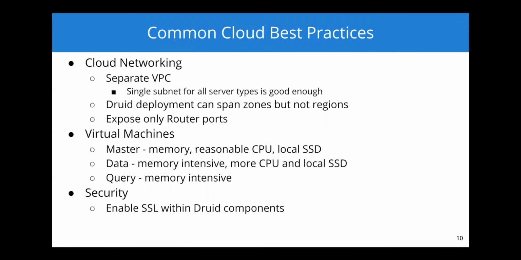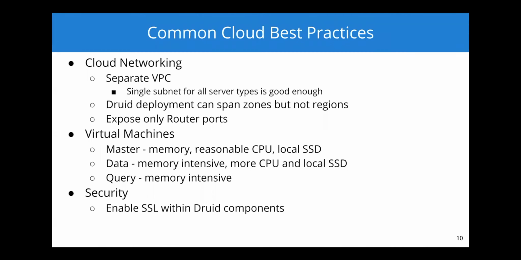And it definitely helps with having a local SSD for your data servers, so it could read the segments in a much more efficient and faster way. And we recommend using NVMe drives for local SSDs, so you could get better throughput of reading the segment files from a disk.